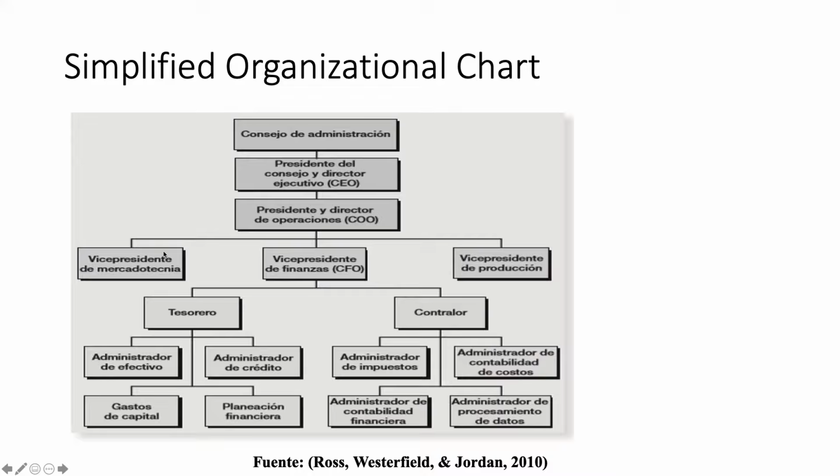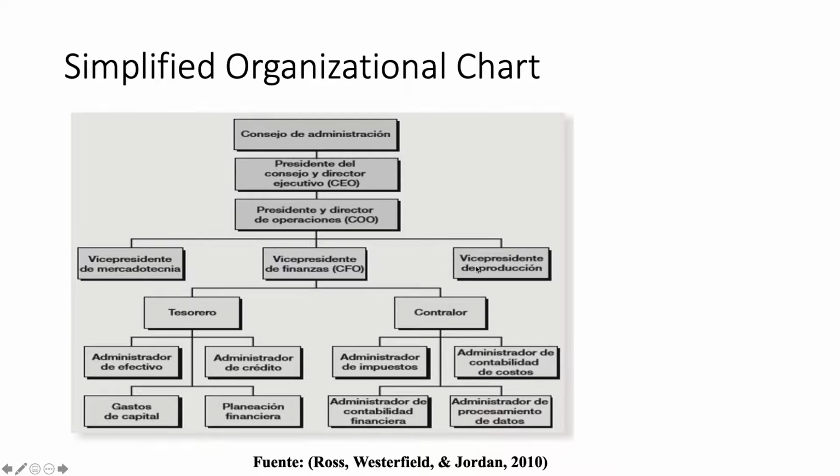Then we have the three main areas that we have in all the companies. That is the marketing, all right, the chief marketing officer, the CMO. Then we have the CFO, chief finance officer, and then we have the CTO, that is the technical director, the one that supervises the production.